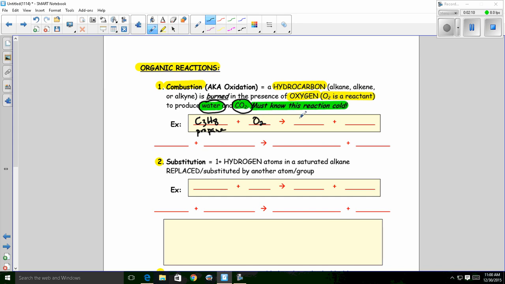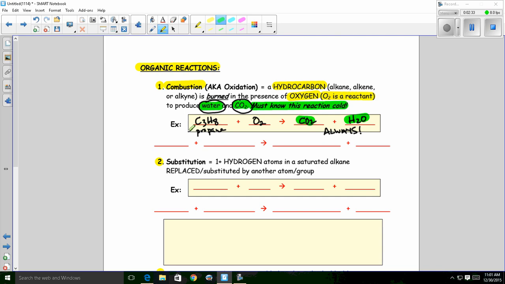And what you're going to have produced is CO2, that's our carbon dioxide, and then naturally H2O, which is going to be our water. This is a reaction that is always going to produce these 2 things. The carbon dioxide and the water will always be produced.